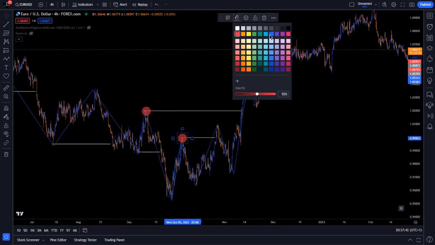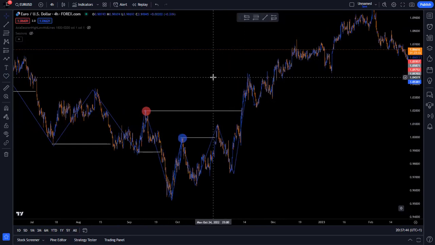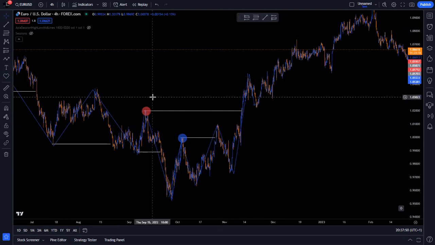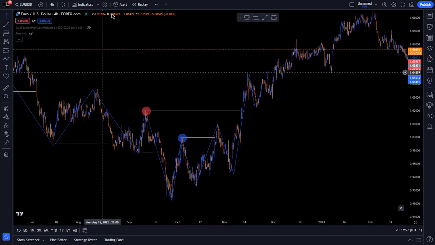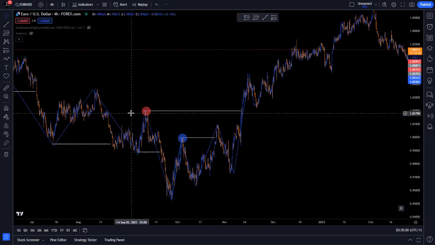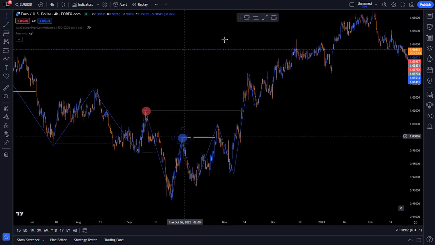With the explanations I made, where do we have the market structure shift? Is it on the red dot or on the blue dot? Type it in your chat box. Tell me what you think.